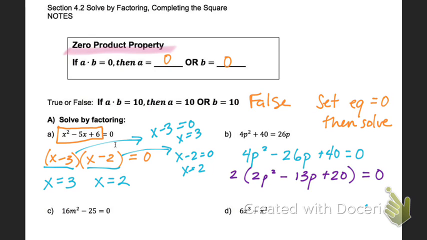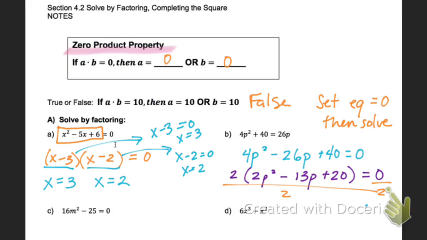Now I want to factor this stuff in parentheses. Go ahead and do so. Another thing you could do in between this step, if I've pulled a 2 out and I divide each side by 2, what happens?